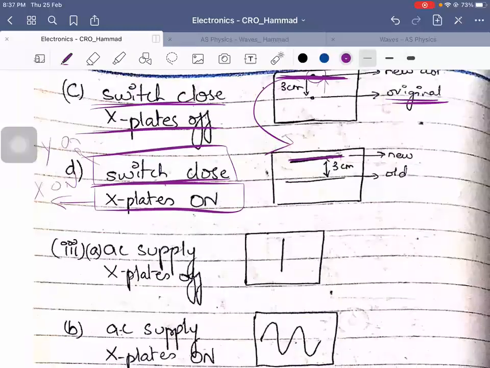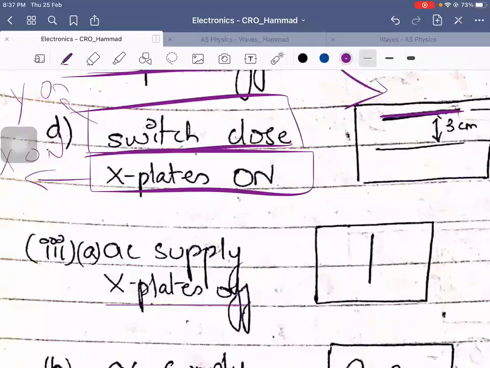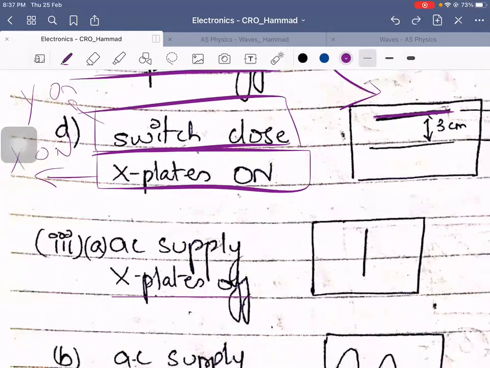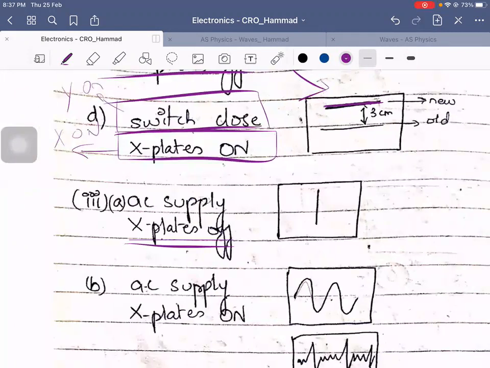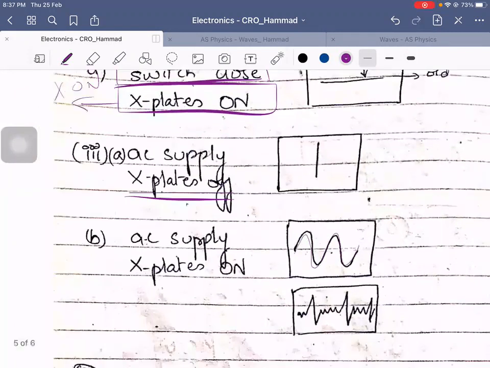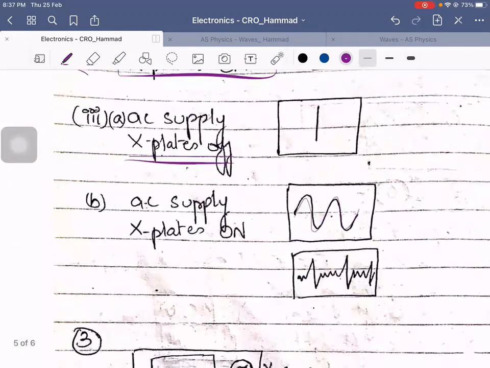For an AC supply, if the X plates are off, meaning no translation in the X-axis, only Y plates are on, there's a vertical line. But when the X plates are also on, it will give you a certain structure. And in hospitals, for patients connected to the CRO, they have a heartbeat somewhat like this.